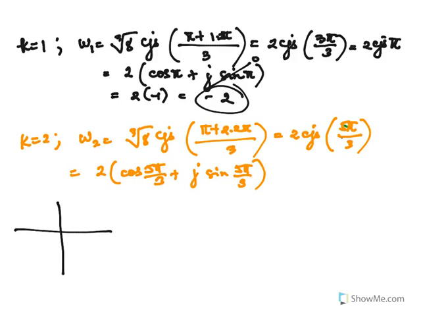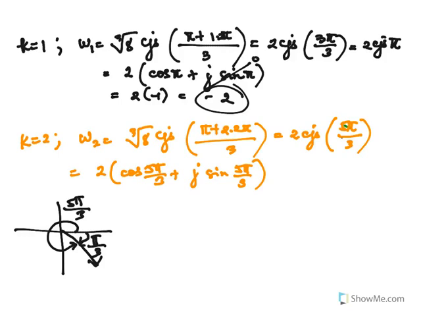The numerator is twice the denominator minus 1. Okay? So, nasa quadrant 4 ang 5 pi over 3. Now, the reference angle is 2 pi minus 5 pi over 3, or simply pi over 3. So, this is the reference angle pi over 3.